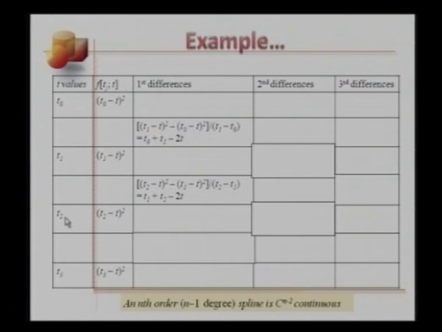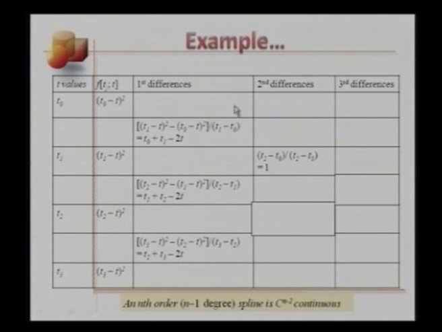Likewise, using the second row and the third row, we compute the first divided difference as t1 plus t2 minus 2t. In a similar fashion, using the third row and the fourth row, the first divided difference would be t2 plus t3 minus 2t.